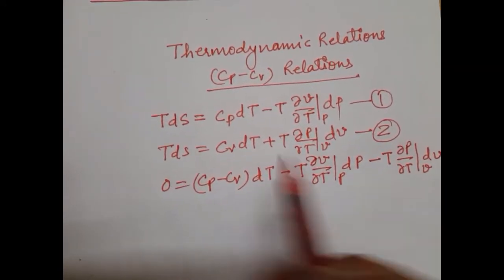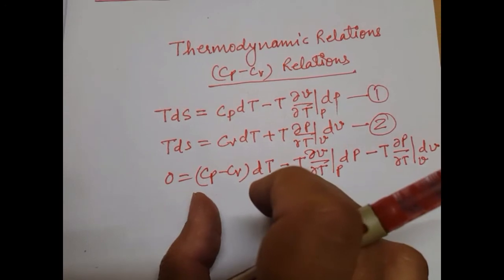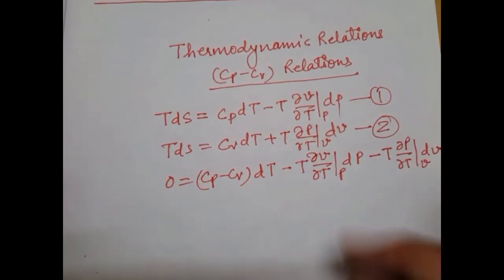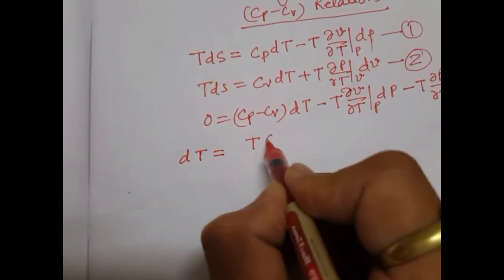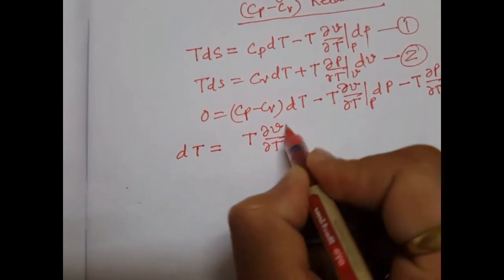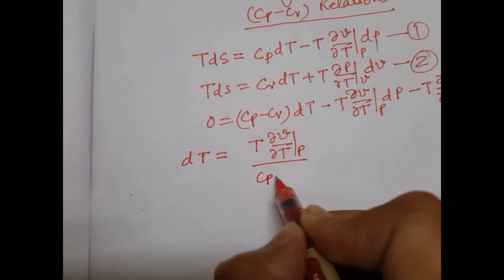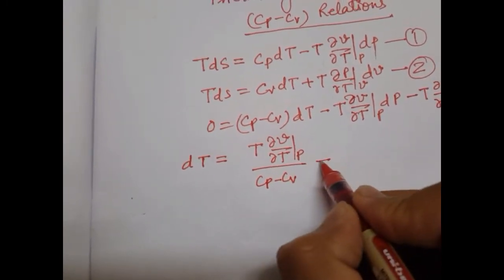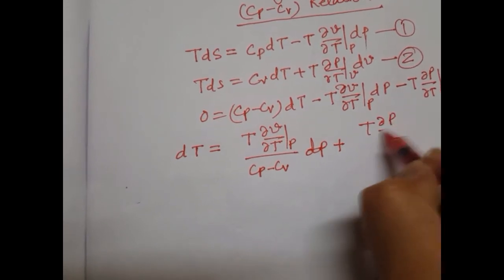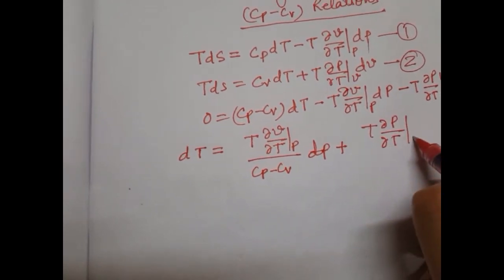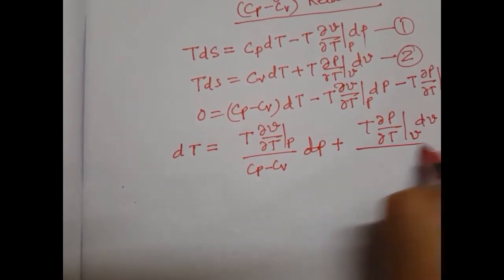On slight rearrangement, that is on taking this term onto the left side and dividing by Cp minus Cv, we will get dT is equal to T del V by del T at constant pressure by (Cp minus Cv) into dP plus T del P by del T at constant volume dV divided by (Cp minus Cv).